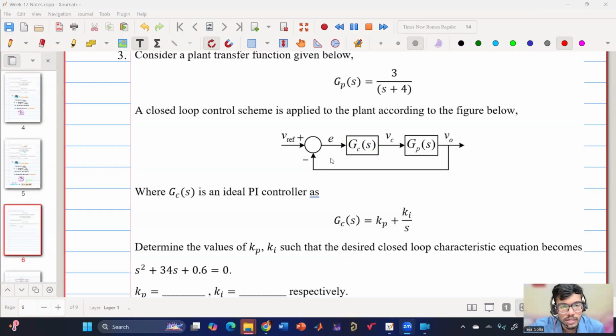Riddhi is saying KP is 10 and K is 0.6. Arun and Riddhi are getting the same answers.